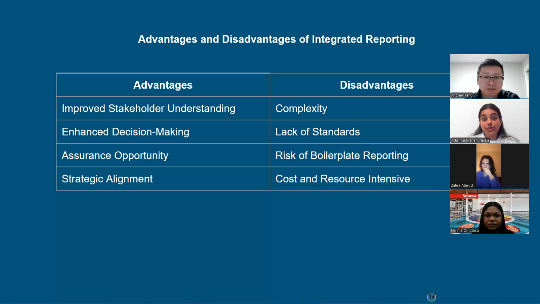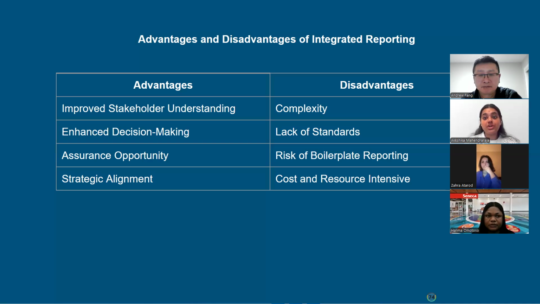However, there are notable challenges too, like complexity, necessitating robust internal controls and data validation across various departments, including HR, finance, and sustainability. Second one is lack of standardization. The absence of universally accepted frameworks can lead to inconsistency in materiality judgments, posing audit challenges.